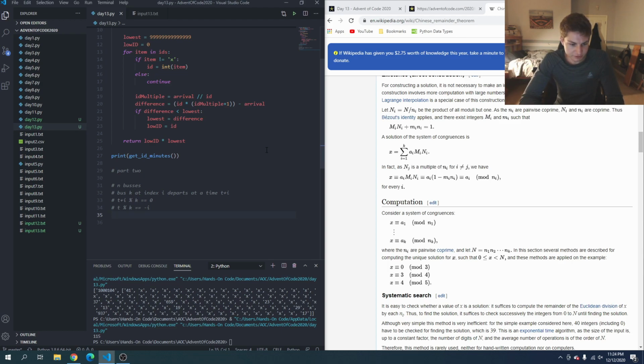And so that also means that t mod k is equal to k minus I, because t mod k gives the difference between t and k, because it's a remainder. So this I is basically the distance between t and a multiple of k.